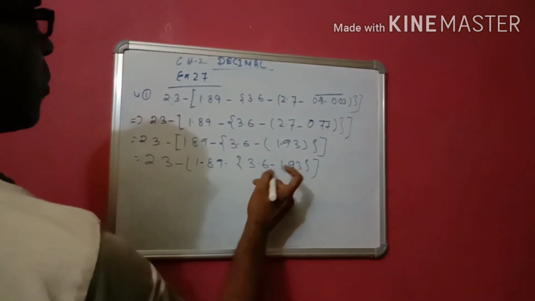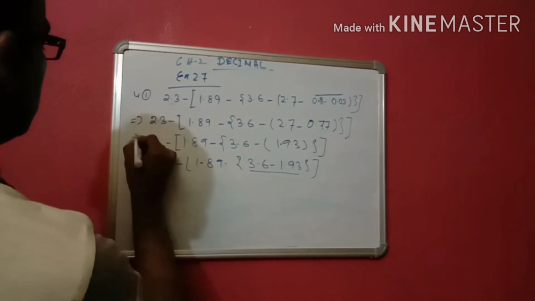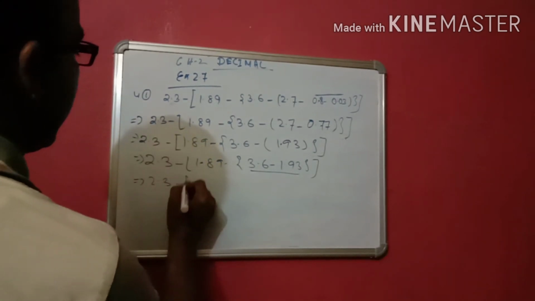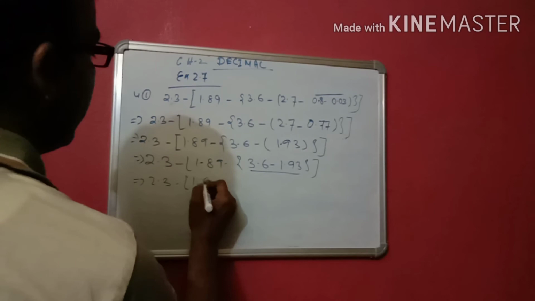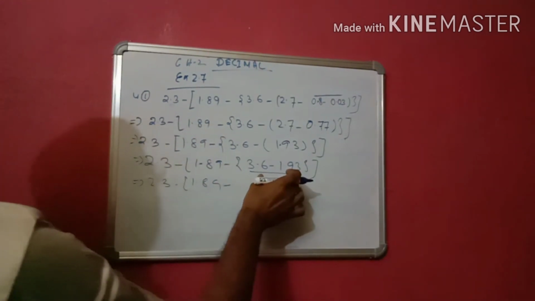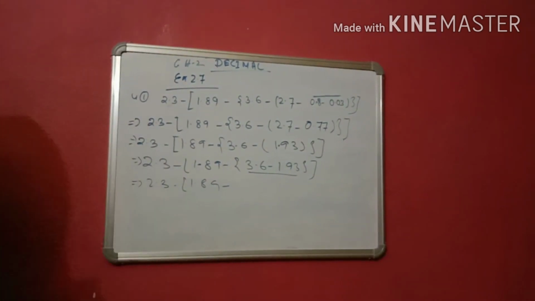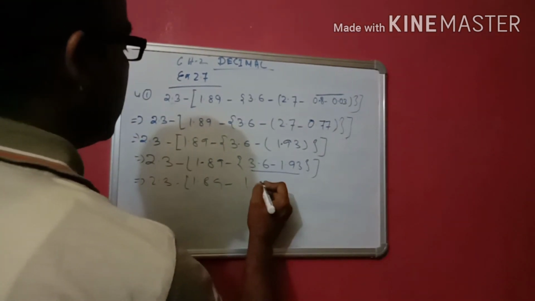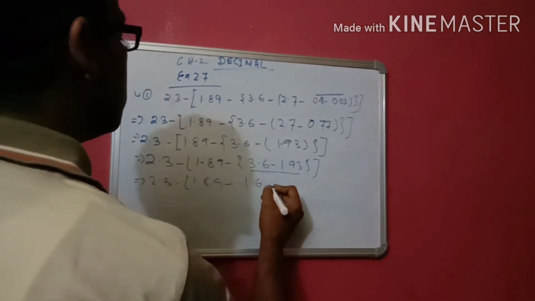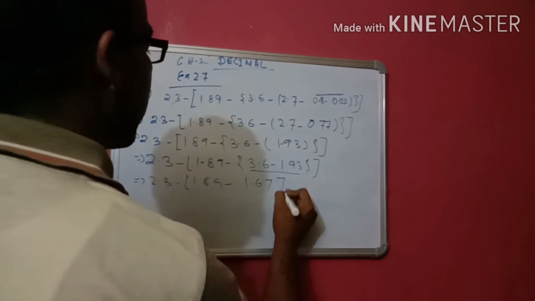Now this part we have to subtract. So 3.6 minus 1.93. After subtraction, what will we get? 1.67. Now remove the curly bracket.